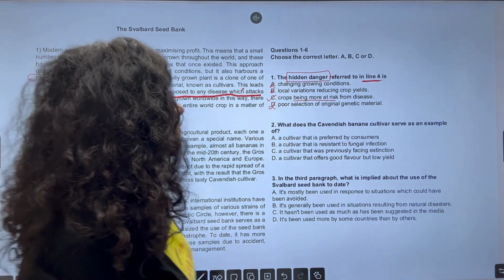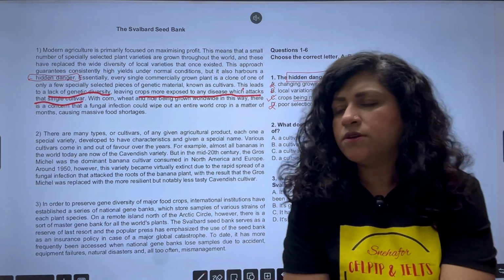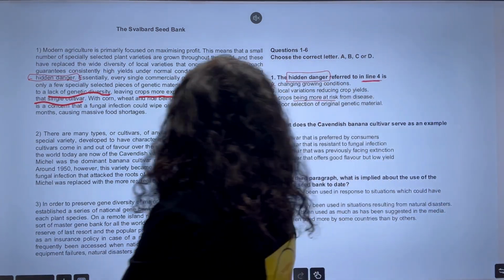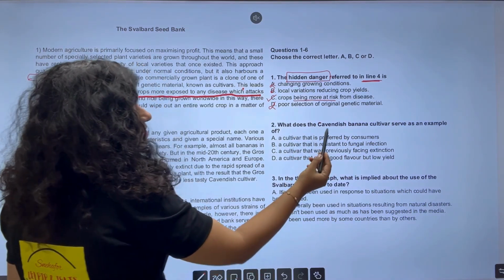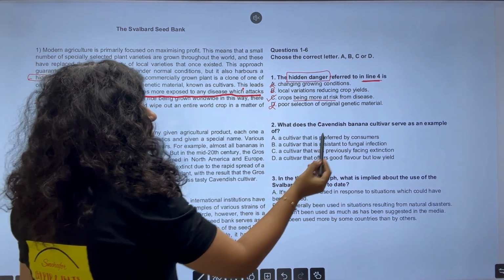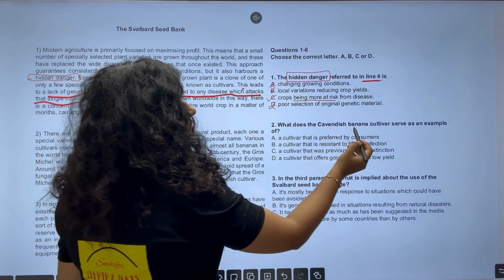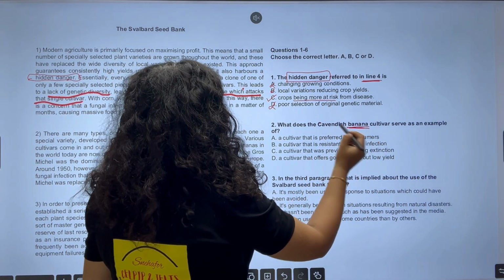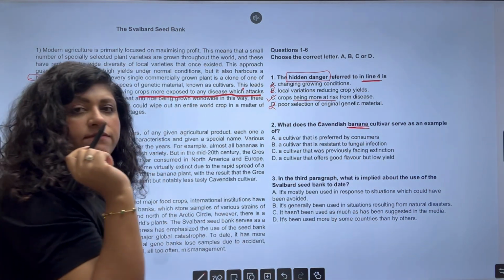Right? And then we come to question number 2. It says, what does the Cavendish banana cultivar serve as an example of? So here my keyword is banana. Cavendish and cultivar are not your keywords. Why?